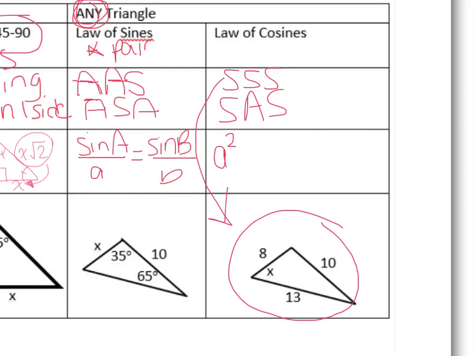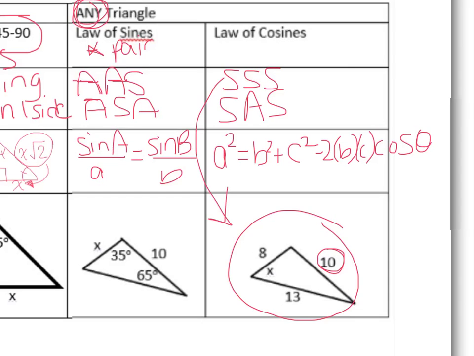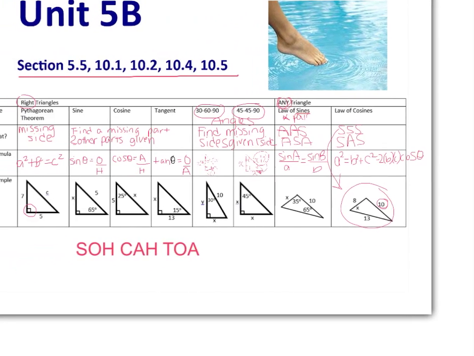So in this example, you'd actually start with 10 squared equals the other two sides squared minus 2 times the sides times the cosine of the angle you're either looking for or the angle that you're given. Okay? So that's kind of a broad overview of this whole unit. I mean, every problem that you saw in your review packet uses one of these concepts.